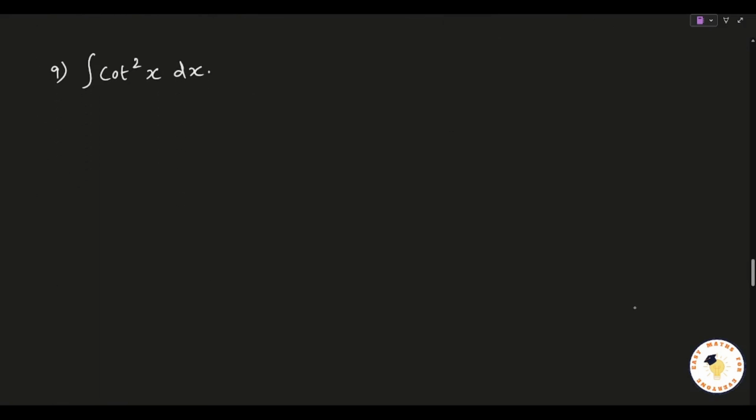Let's see the next sum. Integral cot square x dx. In this sum also, we don't have any formula support directly, but we can make use of the trigonometric identity here as well. We know that cot square x equals cosecant square x minus 1. Using that identity here, we can write cot square x as cosecant square x minus 1 into dx.